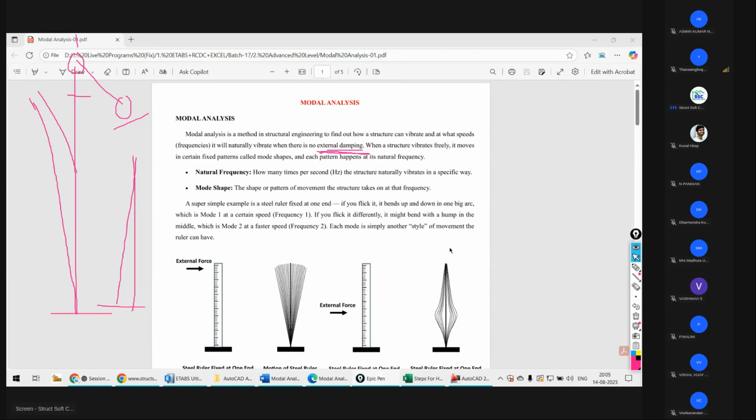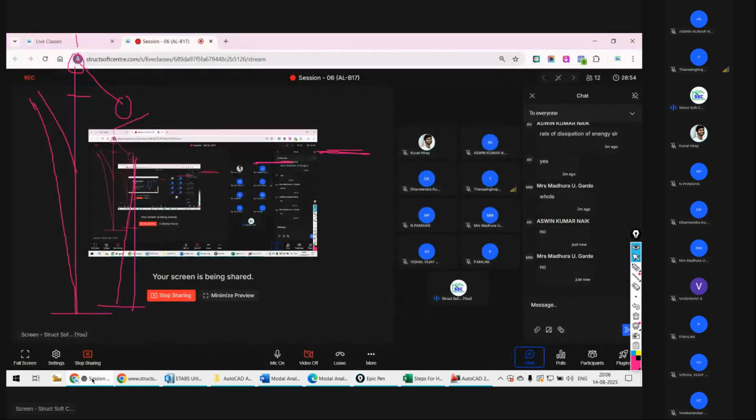In both of the actions, what is the response of your student? We are going to capture that response. That is nothing but your shape, mode shape. What will we call it? Yes. You created an impact, applied load, the structure is moving, that movement you are going to capture. What will we call that movement of it? What are we going to call it?